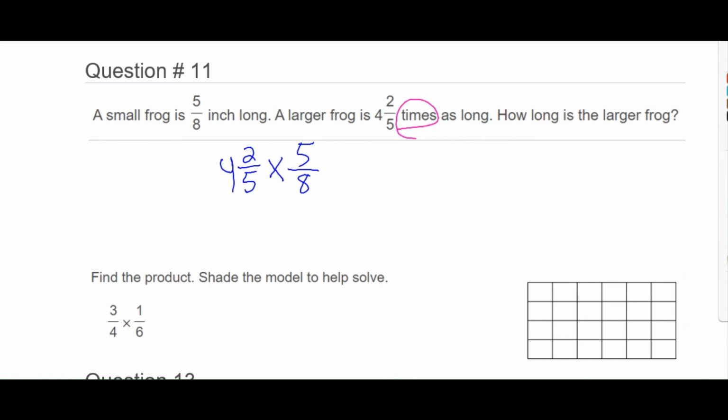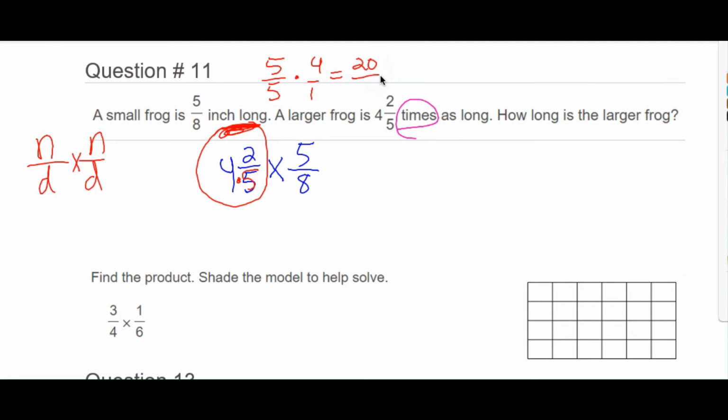So in order to multiply fractions, we need to know we can only multiply the numerator times the numerator and the denominator times the denominator. So I have to change this mixed number into an improper fraction right here. So in order to do that, I need to multiply my denominator 5 times my whole number 4, because 5/5 is a whole and I have 4 of those, and that's going to be equivalent to 20/5.